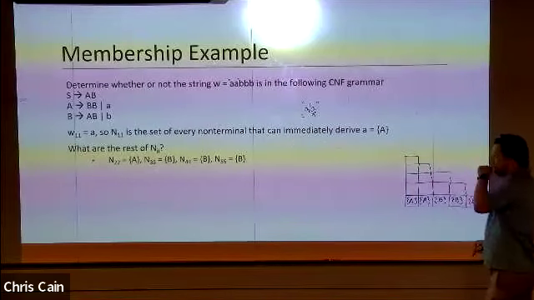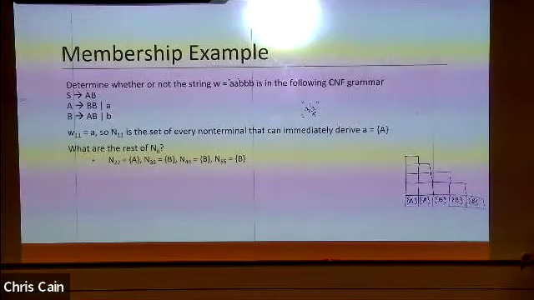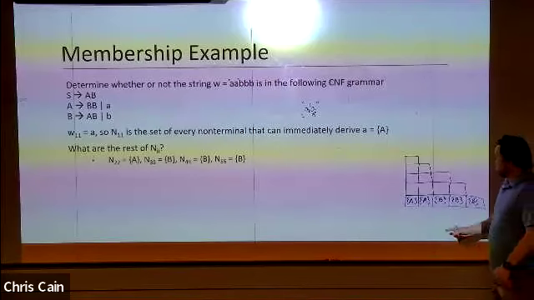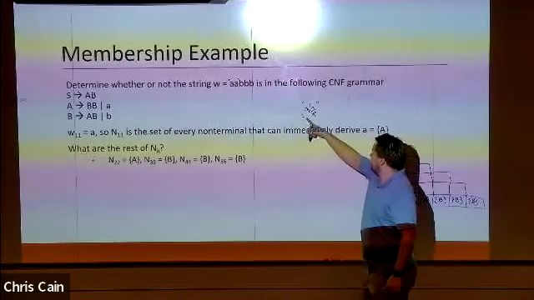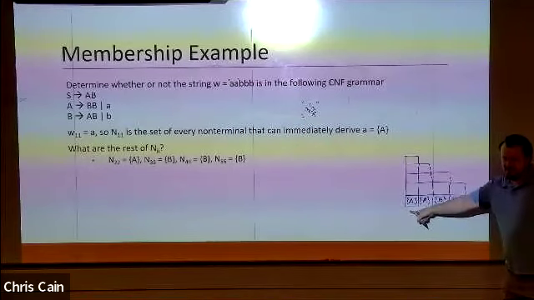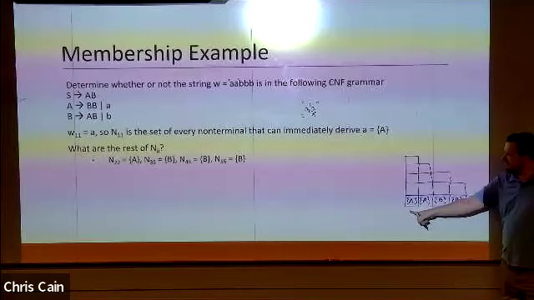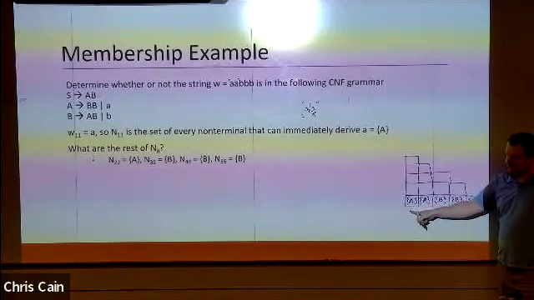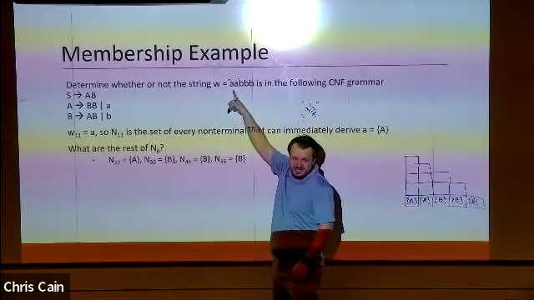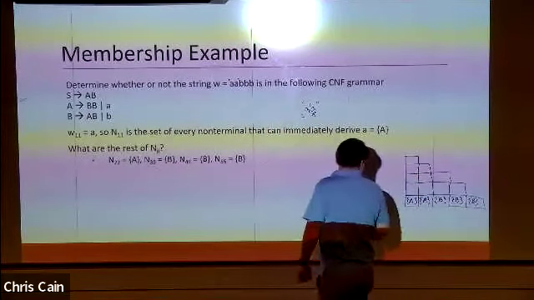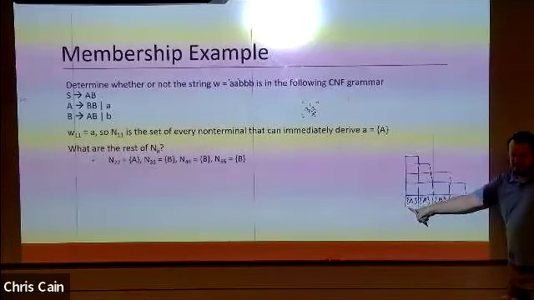And now the question is, what can produce this left-hand side? Well, this left-hand side is this subproblem. We're trying to figure out what produces the A. That A is exactly this character. This question was answered in this box.